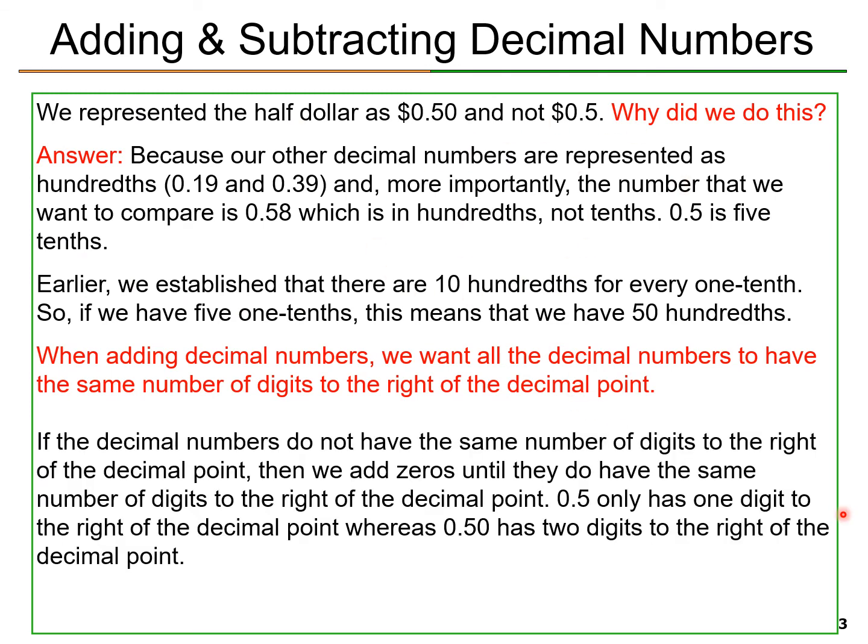If the decimal numbers do not have the same number of digits to the right of the decimal point, then we add zeros as placeholders until all the numbers do. 0.5 only has one digit to the right of the decimal point, whereas 0.50 has two. So what we did is added a 0 here as a placeholder so that this number has two digits to the right of the decimal point.